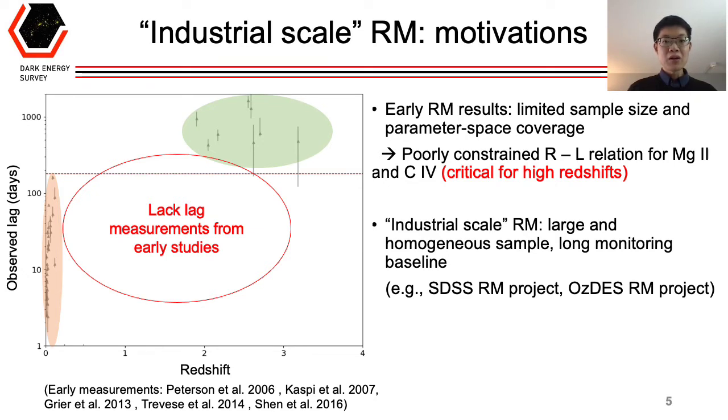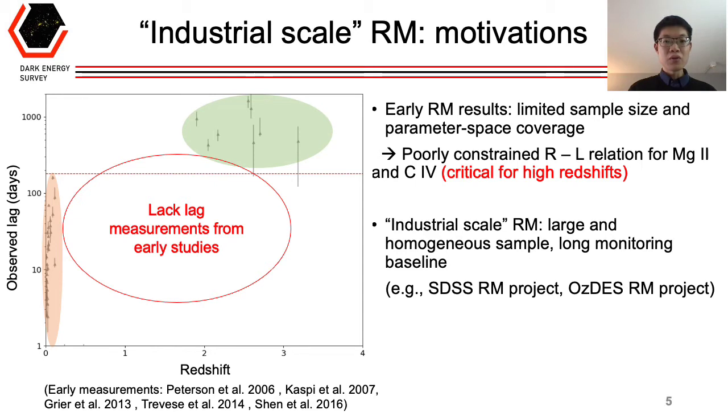It would be important to measure the Magnesium II and Carbon IV lags for more quasars to better constrain their R-L relations, since those relations are the key to black hole mass estimates at high redshifts. This motivates industrial-scale reverberation mapping campaigns with large samples and long monitoring baselines.